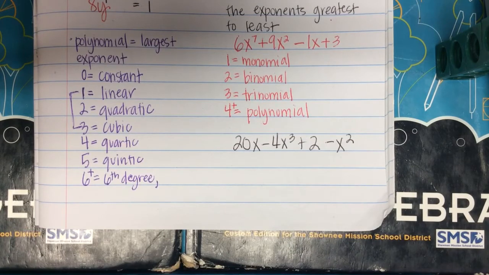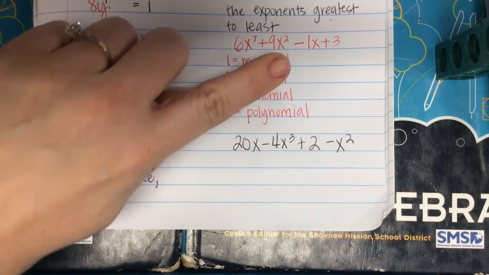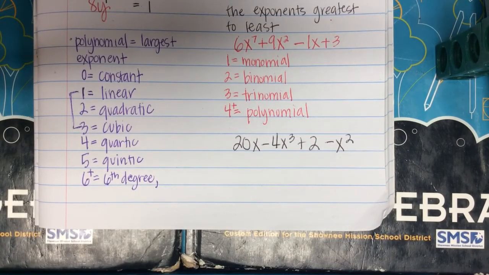First, put it in standard form. Next, classify it, degree and term. So if you want to try it on your own, you start. I will give you a 30-second head start, and then I will put the answer up.